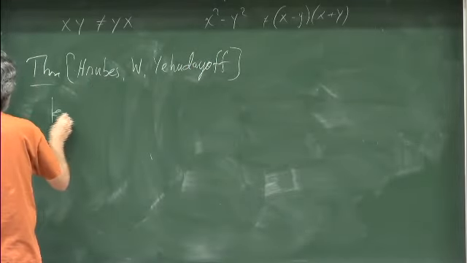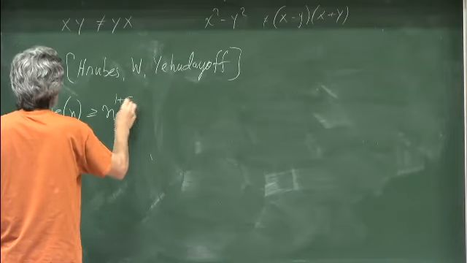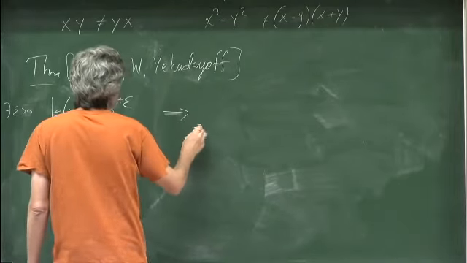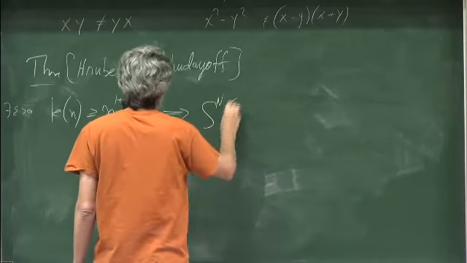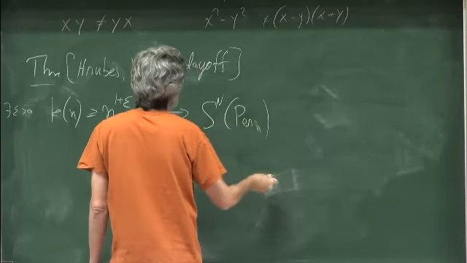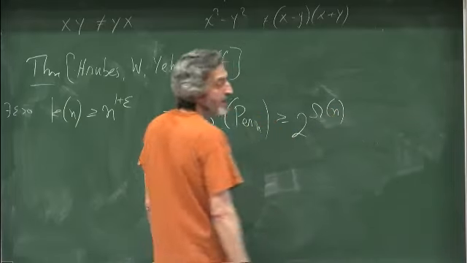If k of n is greater than n to the 1 plus epsilon for any epsilon, if you can prove such a lower bound, just a little bit better than linear, then the non-commutative complexity, let's say, of permanent n is exponential.